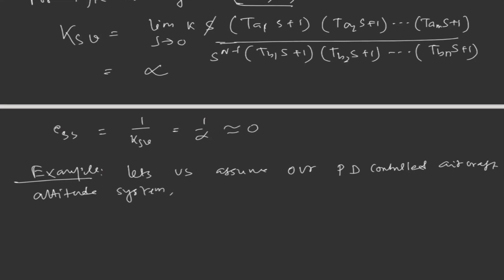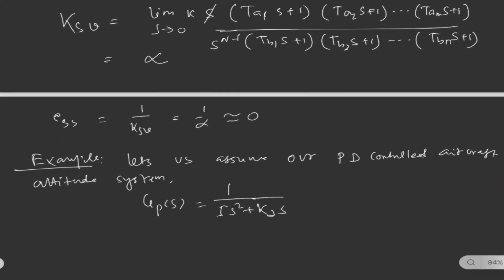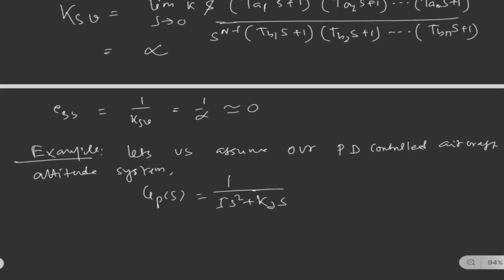We know GP of s is 1 upon I s square plus KD s. This we have already found before. If you modify the PD control, this is the plant transfer function in the inner loop we had. So now we can write this expression as 1 upon KD s times 1 upon (I/KD s plus 1).